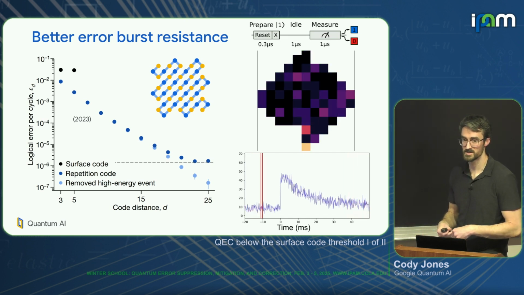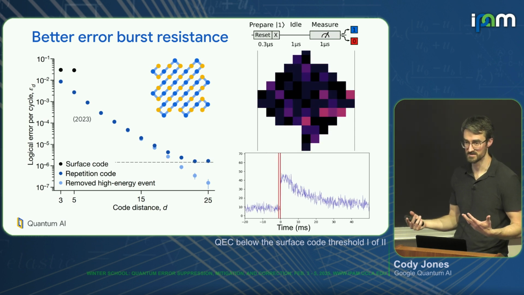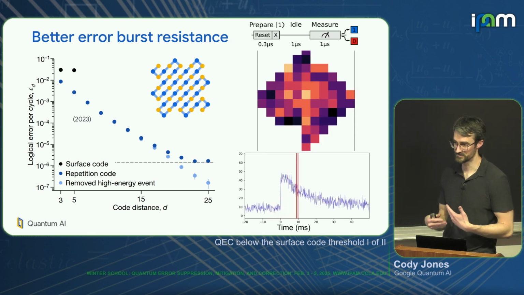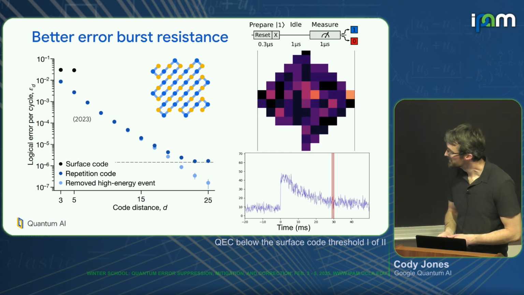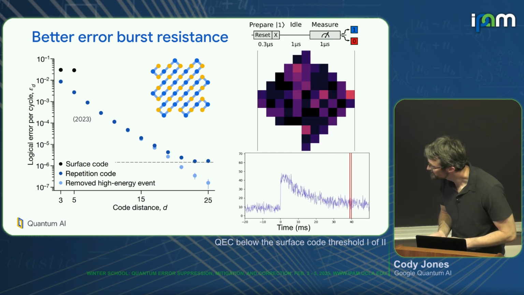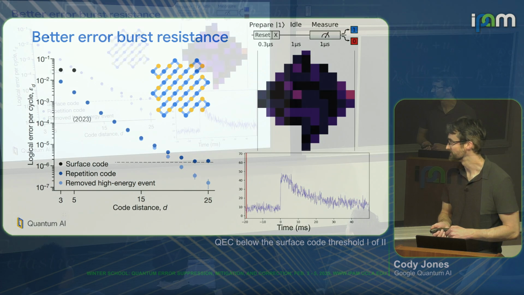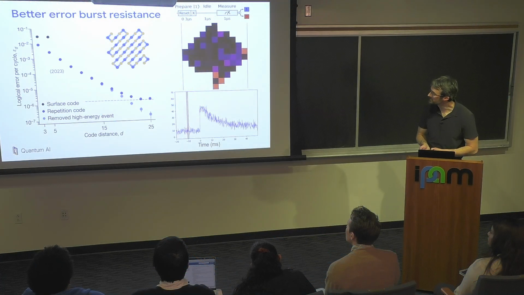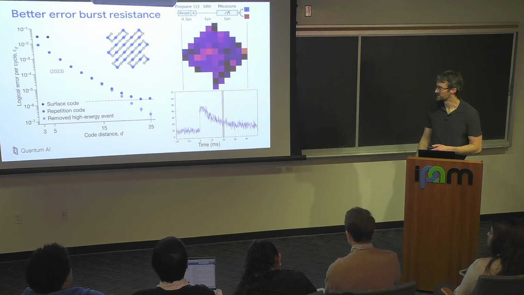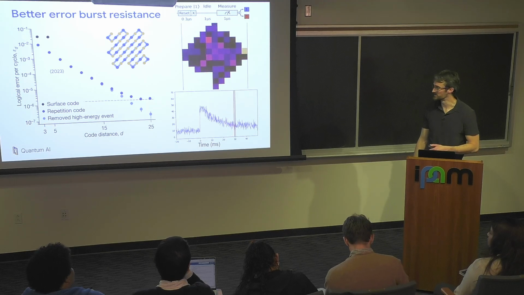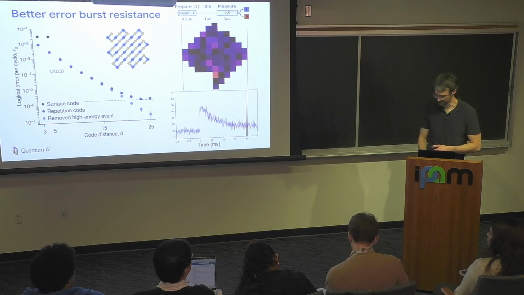That's because quasi-particles, excitations in the device itself are being excited, and they have a relatively long decay time. I am not actually sure what this axis is. I wish it was labeled. It is something related to errors per unit time, but I am not actually certain.